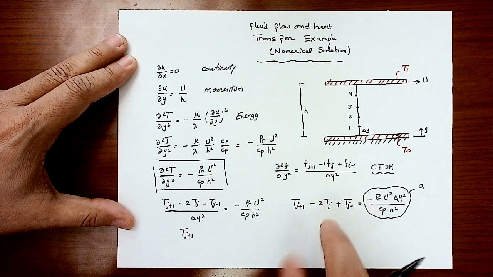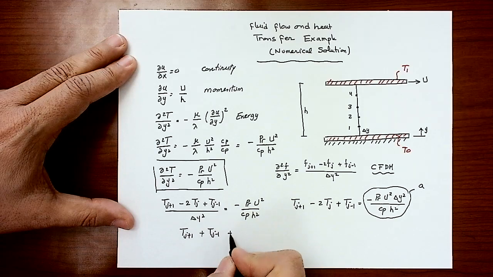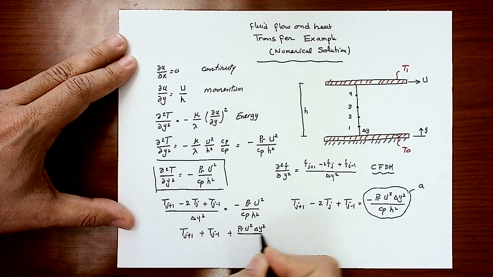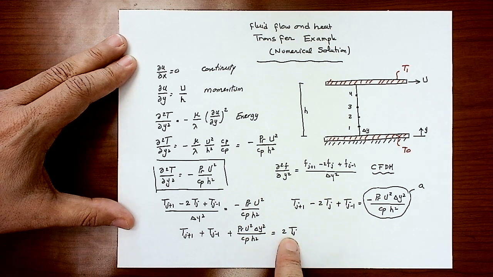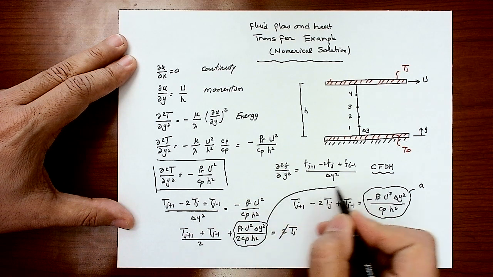So T at j plus 1 plus T at j minus 1, plus Pr u square delta y square divided by Cp h square should equal 2 Tj. Remember, this is the target temperature I'm looking for. This is the base point. I will divide by 2, so this will be 2, and this will be 2 in here. So this is what I'm going to call A.